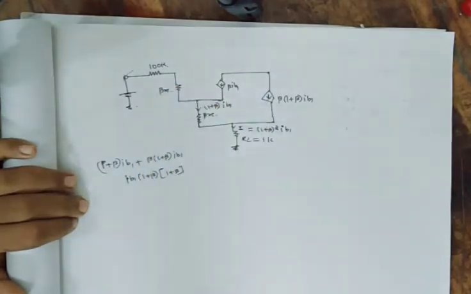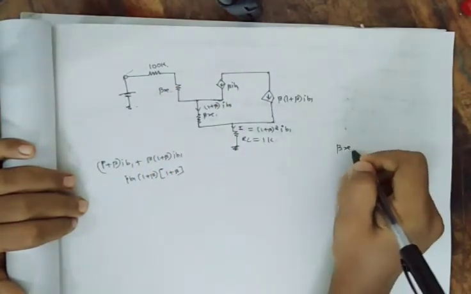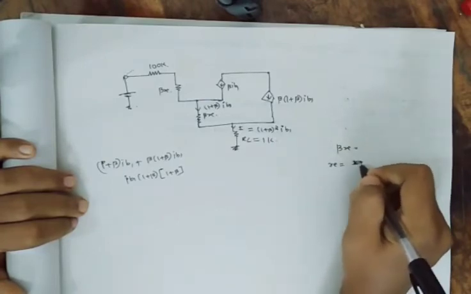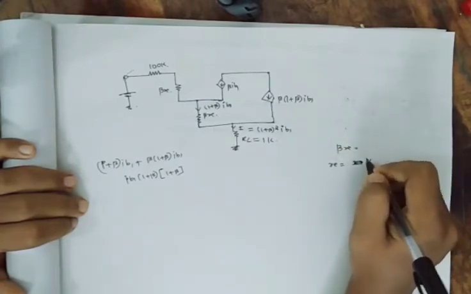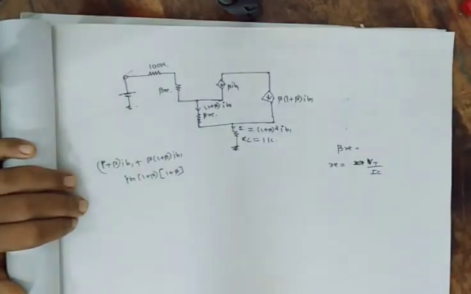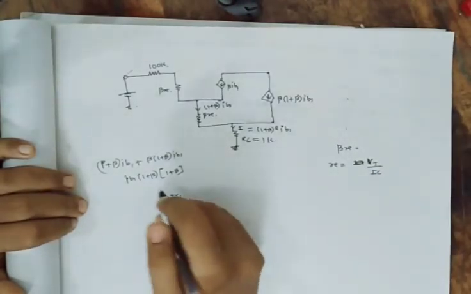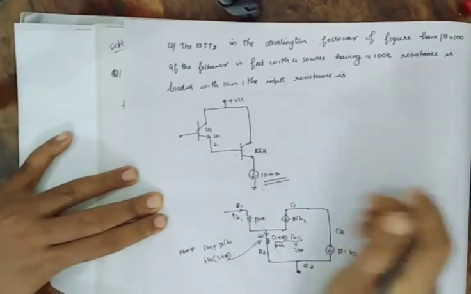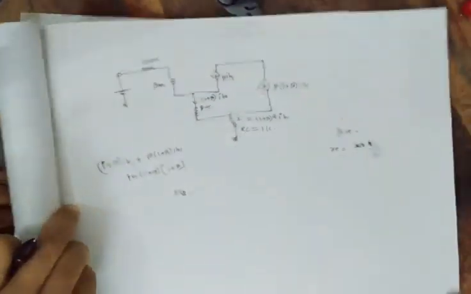now beta RE. RE is equal to VT divided by IC. Okay, so what is IC1? It is given in the question that IC2 is equal to 10 milliampere.